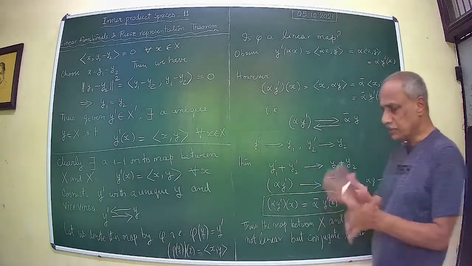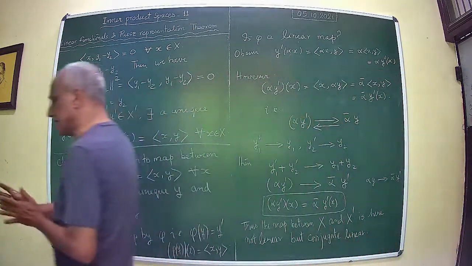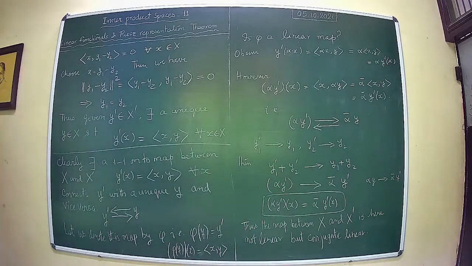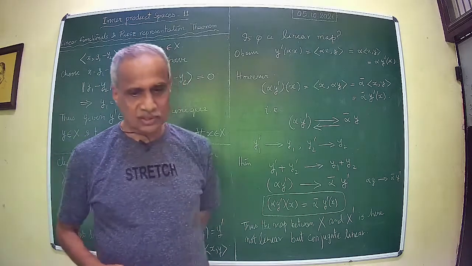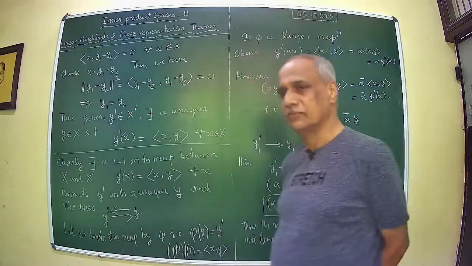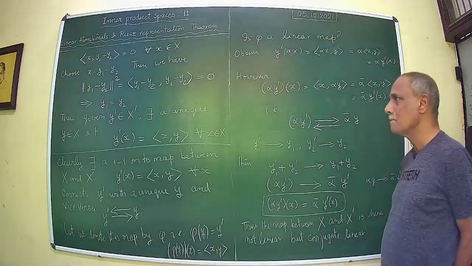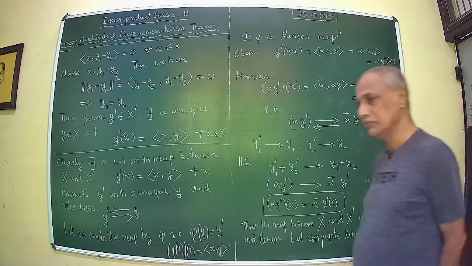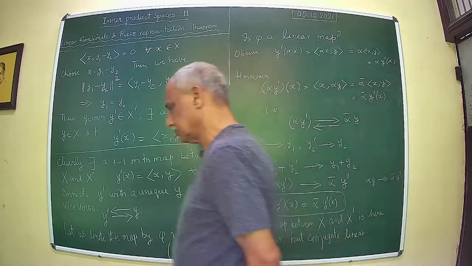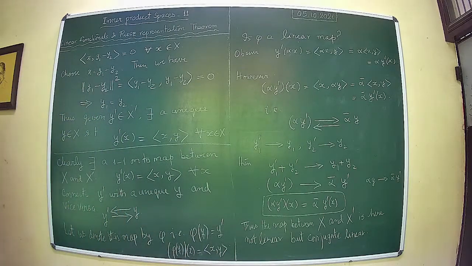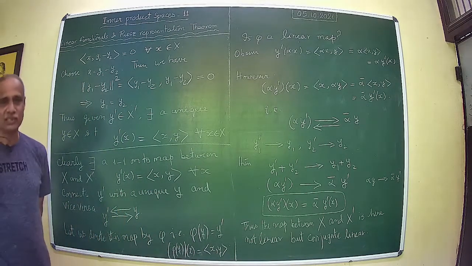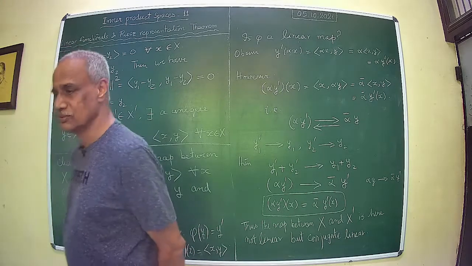So the linear space structure is not carried as such under this map of associating y prime with y between x and x prime. Okay, so the linear space structure is not carried as it is. It is actually conjugate linear. Okay.